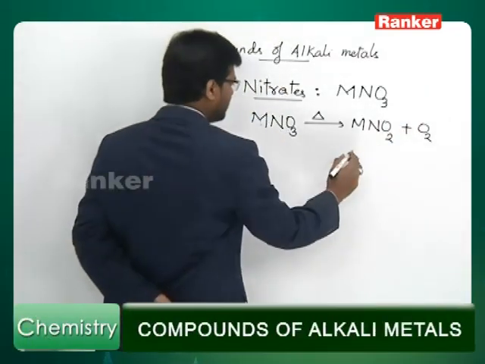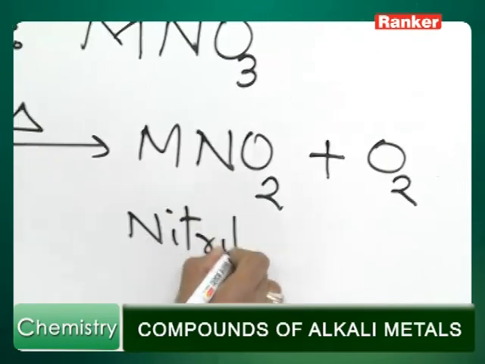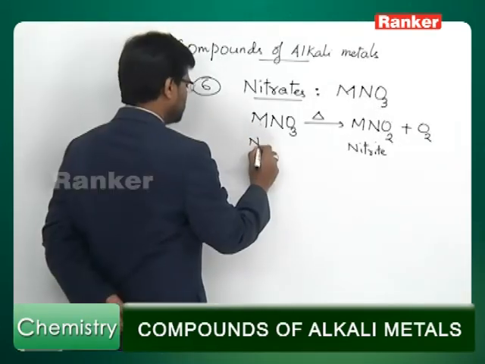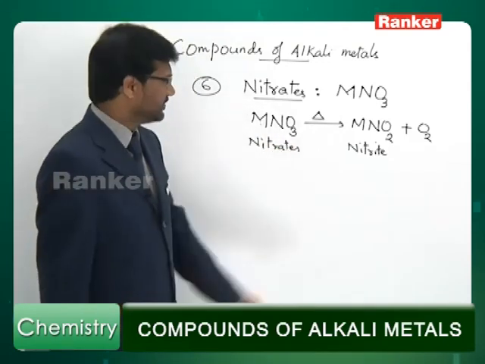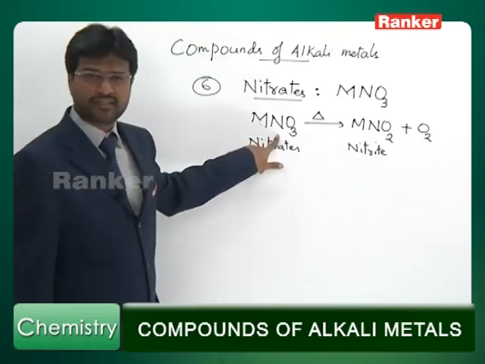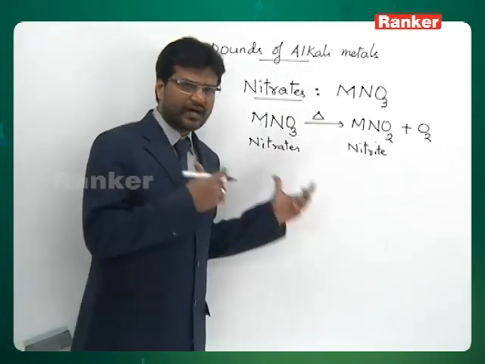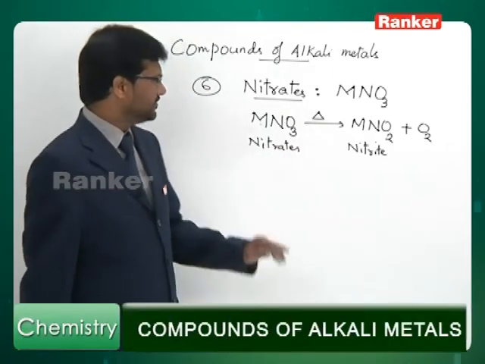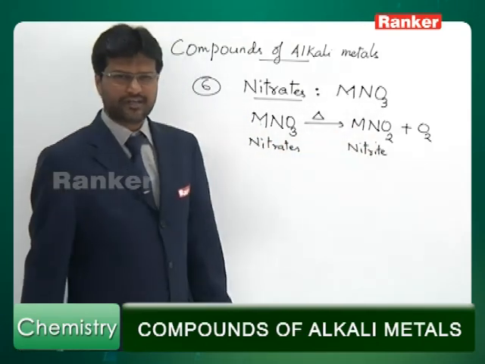This is nitrite. This is nitrate. While nitrates are salts of nitric acid, nitrites are salts of nitrous acid. This is a salt of nitric acid and this is a salt of nitrous acid. So when an alkali metal nitrate is heated, it thermally decomposes to give metal nitrite and oxygen gas.